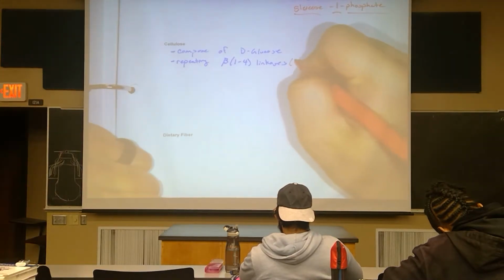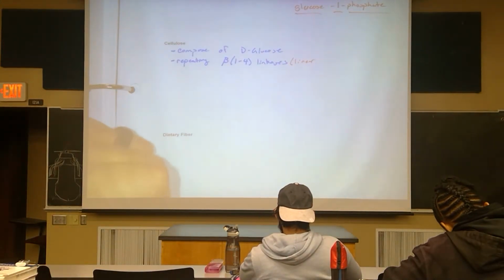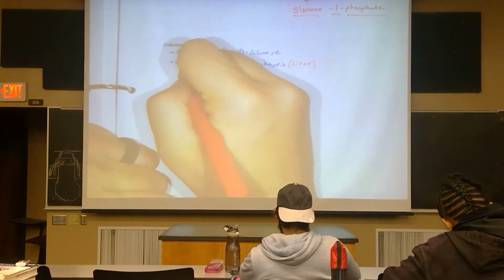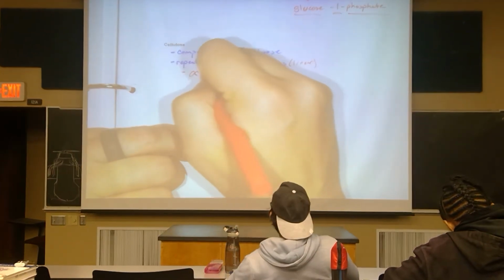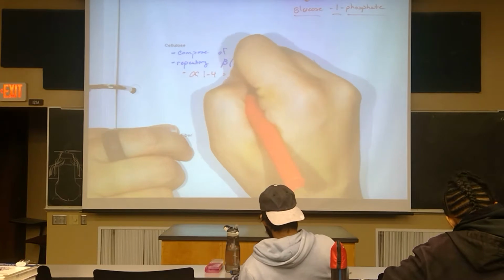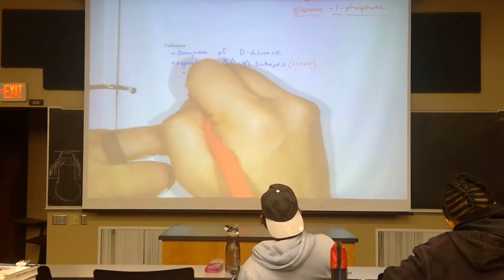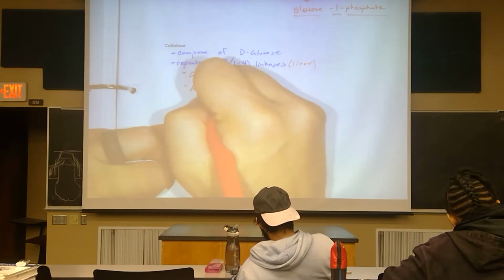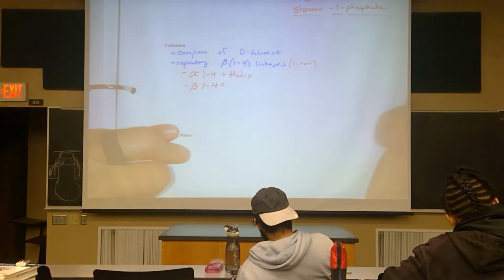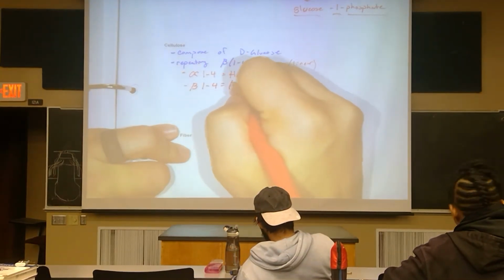This is linear. Alpha-1,4 leads to a helix. Beta-1,4, one of the textbooks called it an extended ribbon.